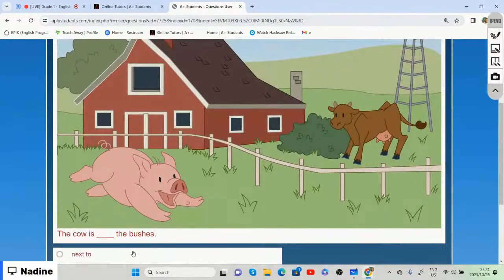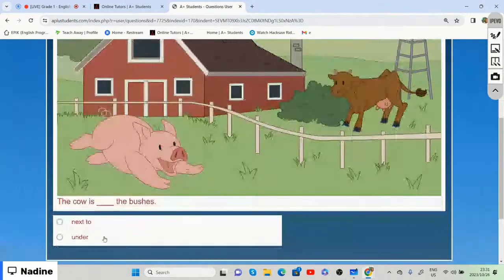So the cow is, do we say the cow is next to the bushes or the cow is under the bushes?